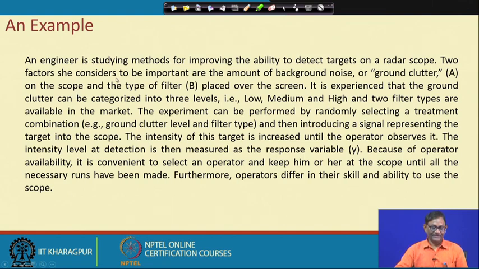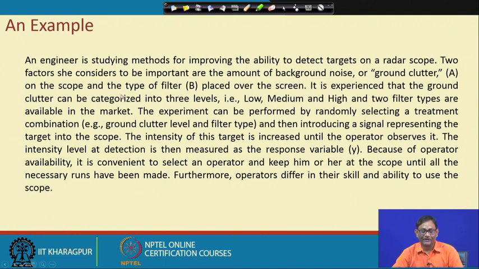Now, the engineer finds that 2 important factors while designing the product, that is the radar scope, are the amount of background noise, which is known as ground clutter, and the type of filter placed over the screen.